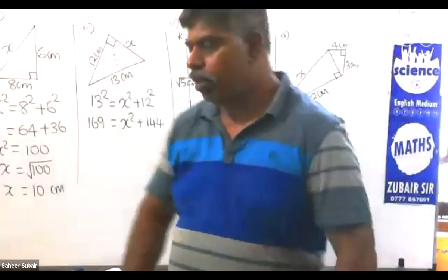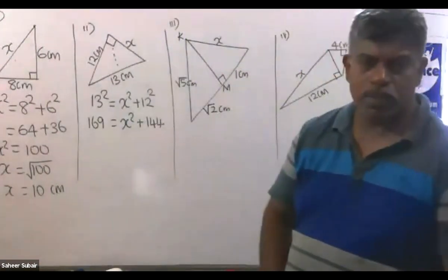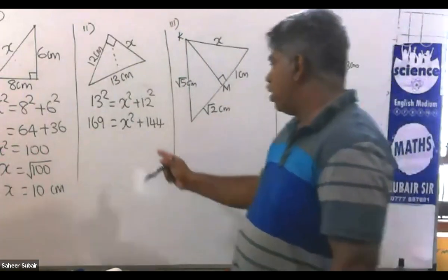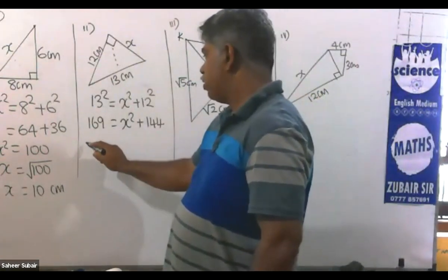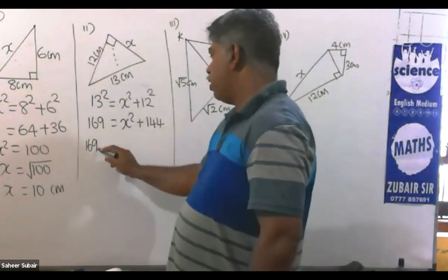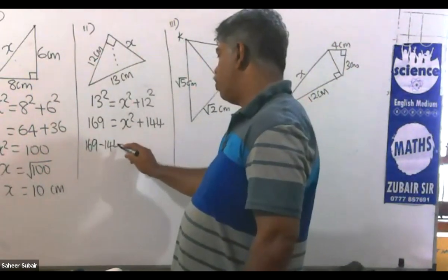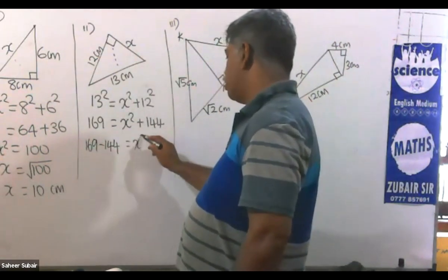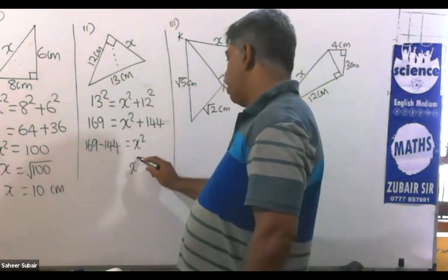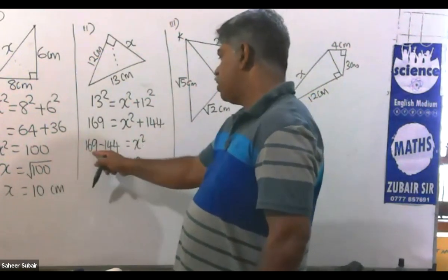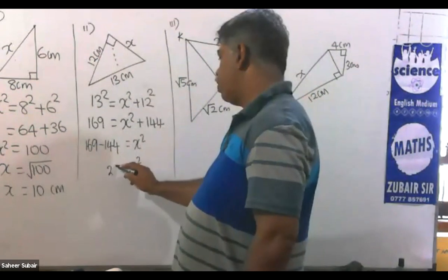Right? So if you take the 144 to the other side, 169 minus 144 equals x squared. Then x squared equals 169 minus 144, 25.